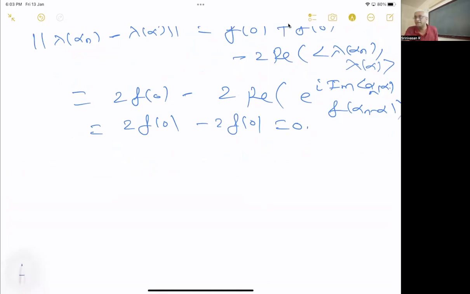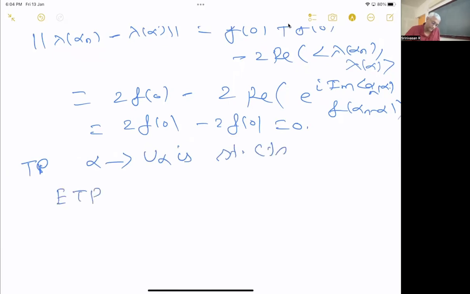If you have unitaries and you want to check strong convergence, it is enough to check it on a total set. If I remember, this was also discussed last semester, as an assignment. So because of that, it's enough to prove that alpha going to U alpha is strongly continuous.